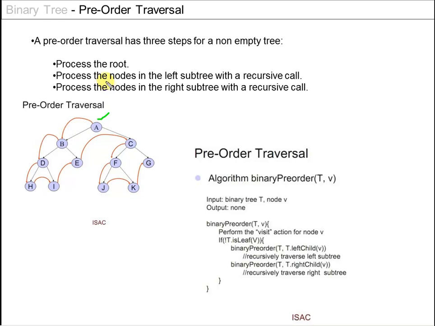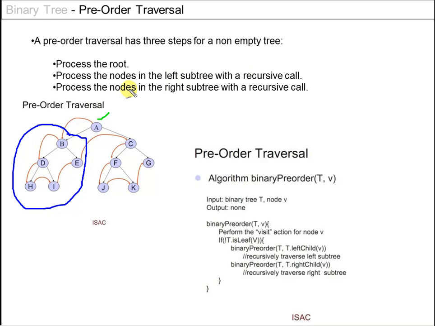Now process the nodes in the left subtree with a recursive call. Left subtree, what is the left subtree? This one. So after it has done the root, the nodes in the left subtree with a recursive call.